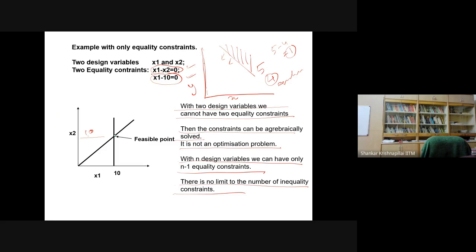Then I draw another inequality constraint, then another, then another, and another. I can keep on drawing a large number of inequality constraints and each will slightly reduce the feasible range. So there is no limit to the number of inequality constraints.